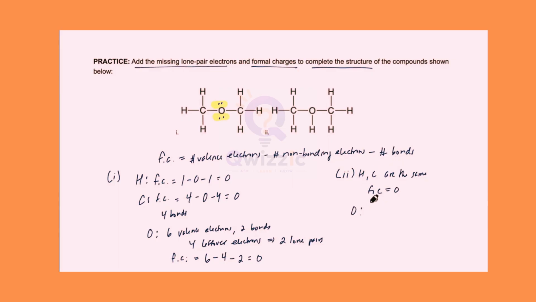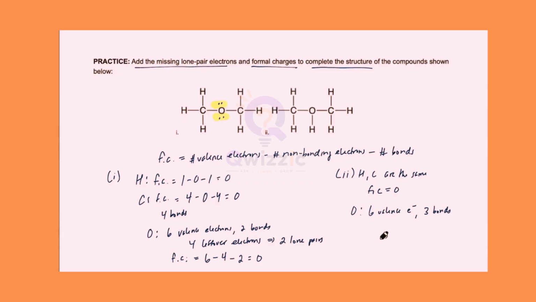Meanwhile, our oxygen, we know it has 6 valence electrons, 6 valence e minus. That's the standard way we write electrons, e minus. And it has 3 bonds in this case. 2 bonds to the carbons on either side and 1 bond to the hydrogen.